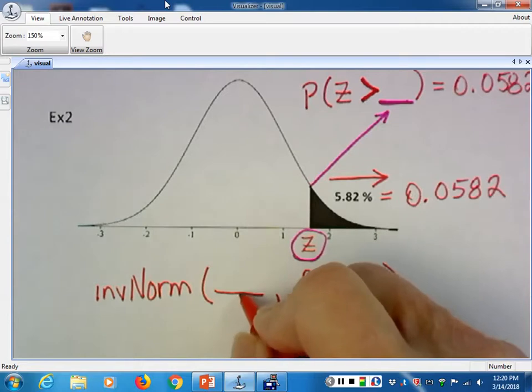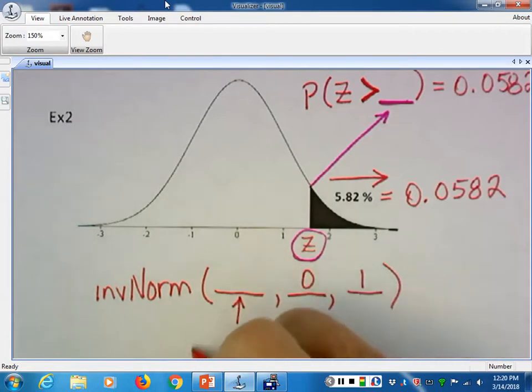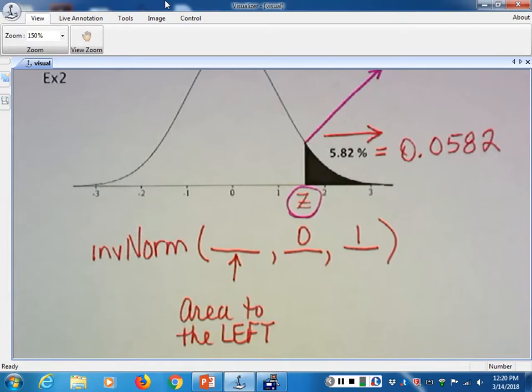But this has to be the area to the left. So that is z-score. Is that what we have? No. What do we need to get the area? How do we get the area to the left from what we do have? We subtract what we have from 1.